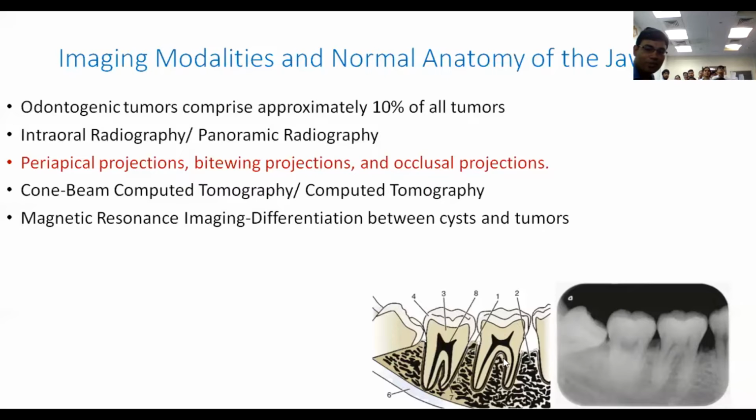What is 3 and 4? 4 is? I never remember. What is 3? Dental papilla actually. What is 8? Lamina. That is the root. That is the lamina. That is the alveolar canal.